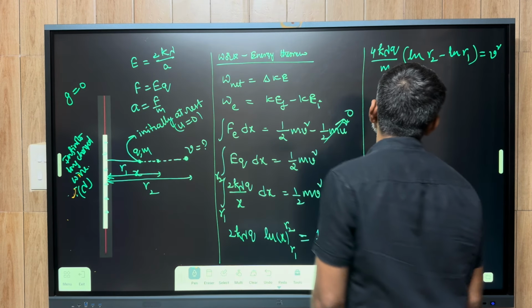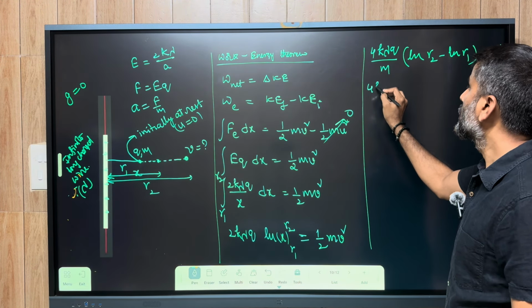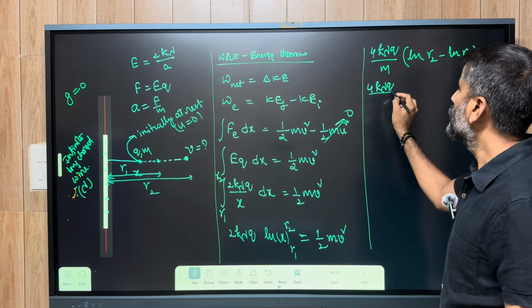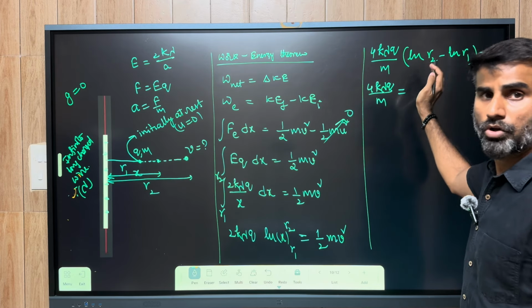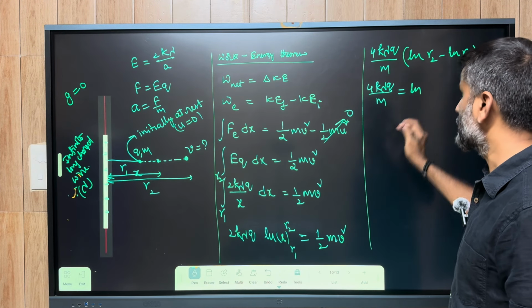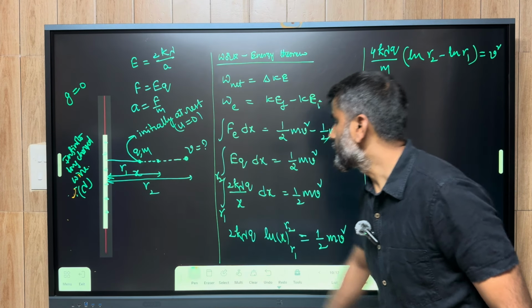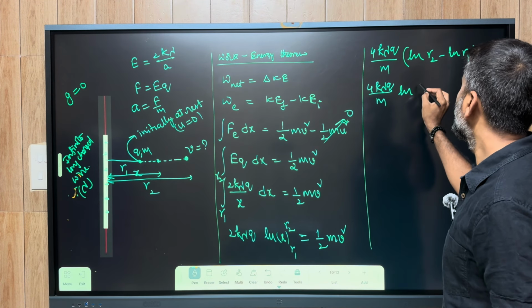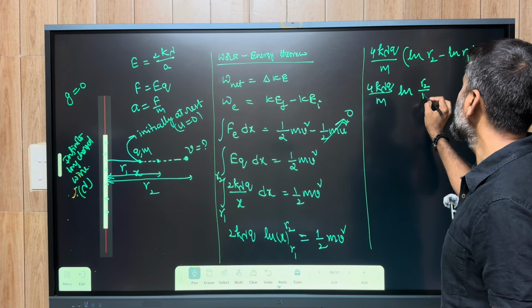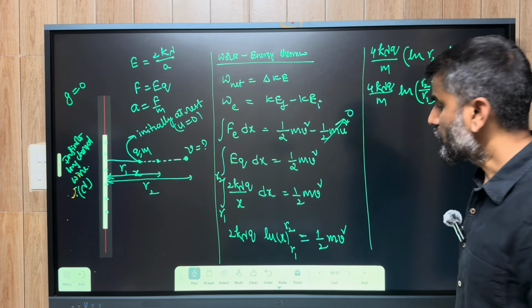Now this log a minus log b can be written as 4k lambda q by m into log a by b, that is r2 by r1, is equal to v square.